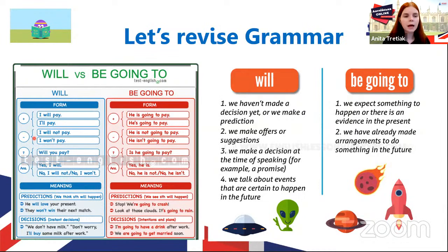For example, I will not pay. Or if you want to have a short form, you can use will plus not. In this case, it's won't. I will not pay or I won't pay. Kind of not really difficult.